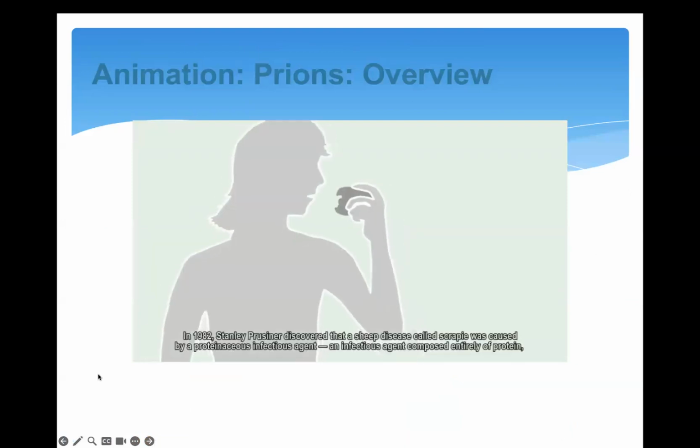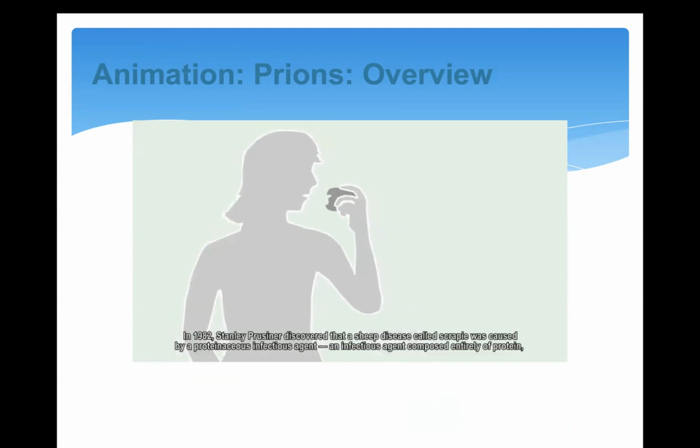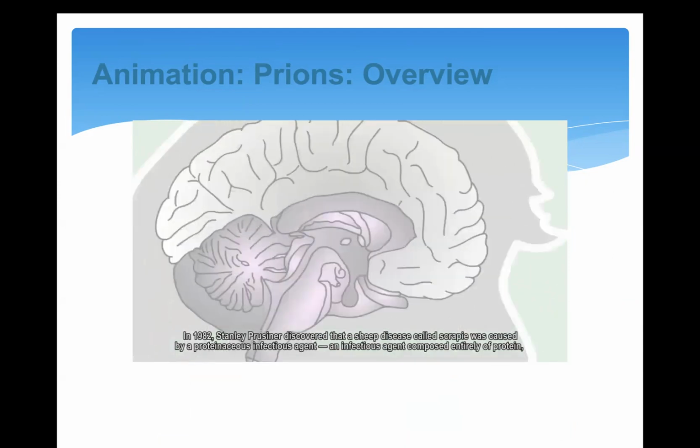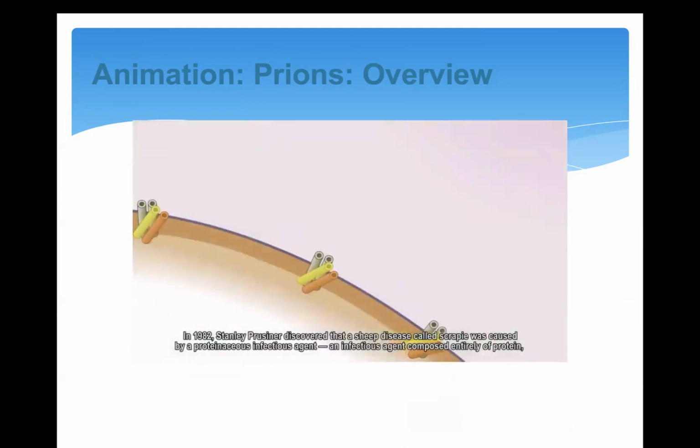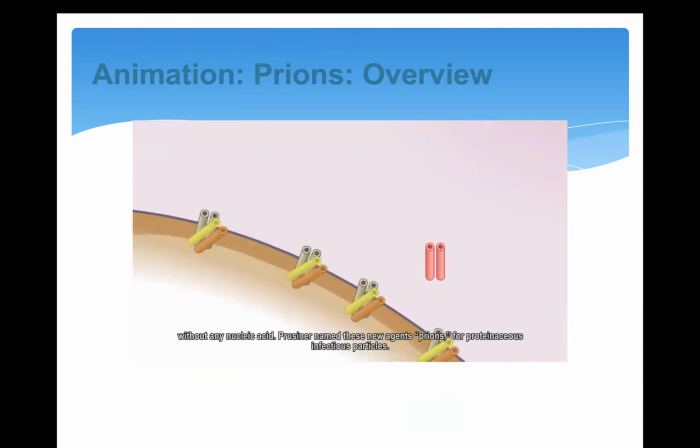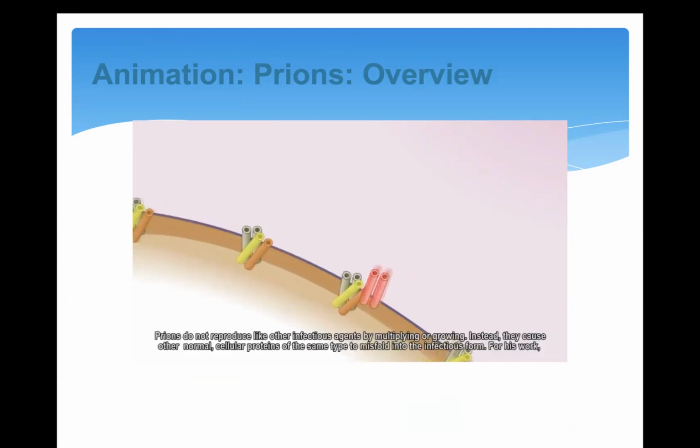In 1982, Stanley Prusiner discovered that a sheep disease called scrapie was caused by a proteinaceous infectious agent, an infectious agent composed entirely of protein without any nucleic acid. Prusiner named these new agents prions for proteinaceous infectious particles. Prions do not reproduce like other infectious agents by multiplying or growing.